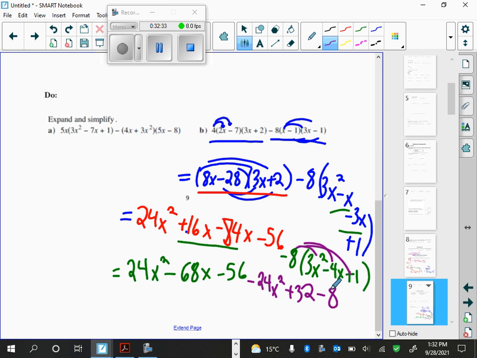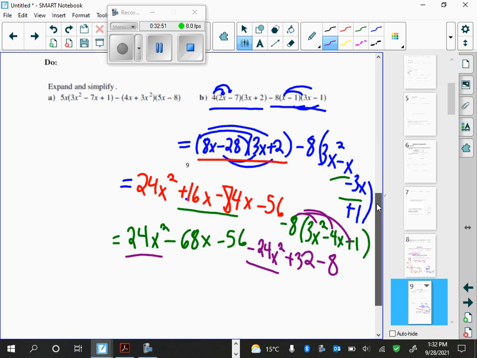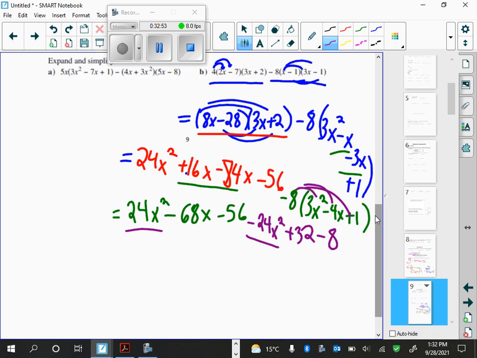No, but put equal signs, otherwise it doesn't make sense. I'll just put big giant equal signs for about a week. And now we collect like terms. 24x squared, subtract 24x squared. Cancel.